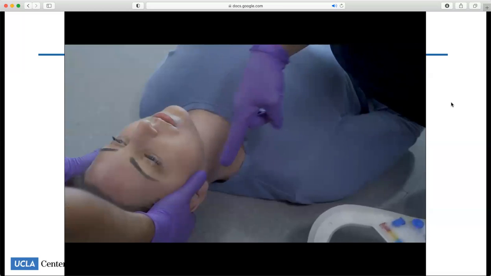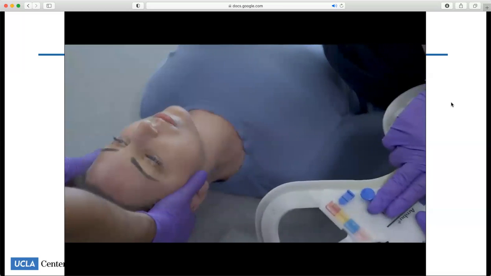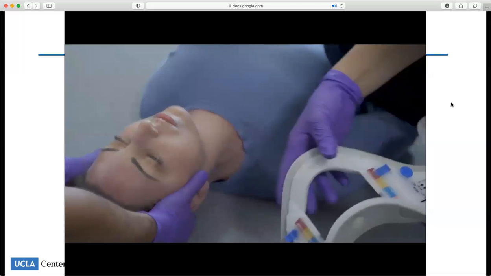Next, I will properly size and apply a cervical collar to the patient's neck.